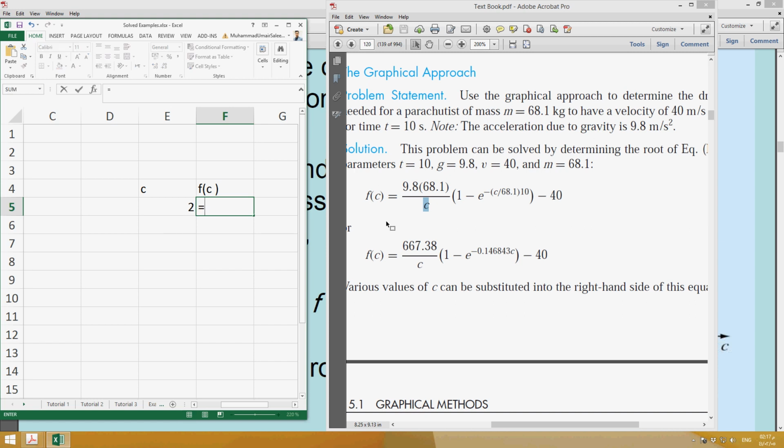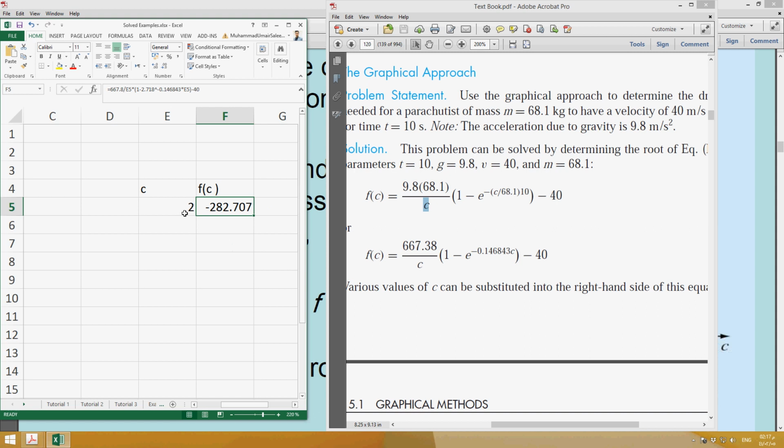For example, this value is 667.8 divided by c, multiplied by 1 minus 2.718 raised to the power minus 0.146843 multiplied by c, and the whole thing minus 40.